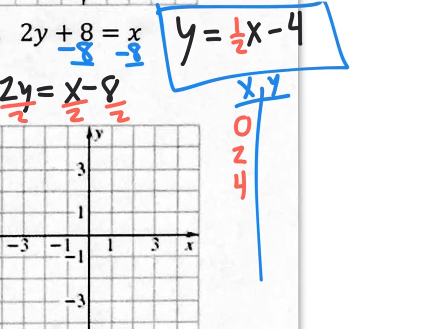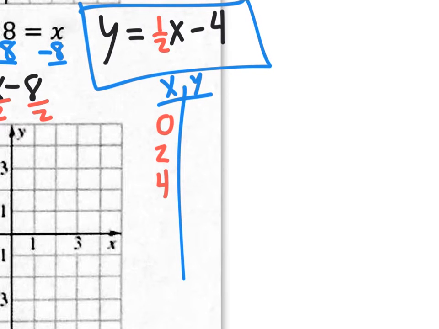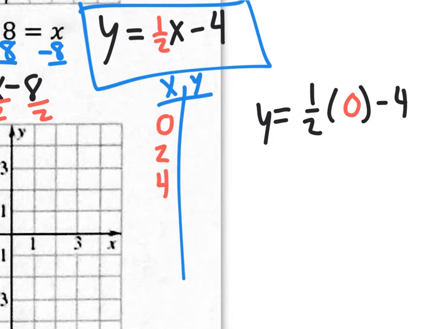So if I were to, and let me show my work here, plug in 0, you're going to have y equals 1/2 times x, which is going to be 0 minus 4. If I plug in 0 right there, what's my answer going to be? What is 1/2 times 0? And what's 0 minus 4? So you get a minus 4 when you plug in 0.